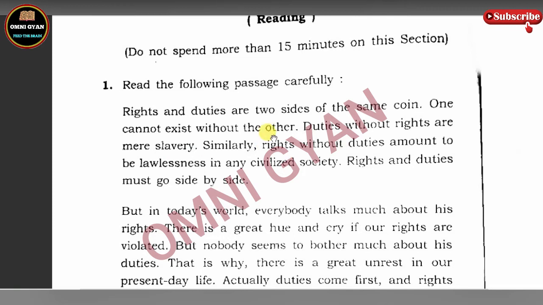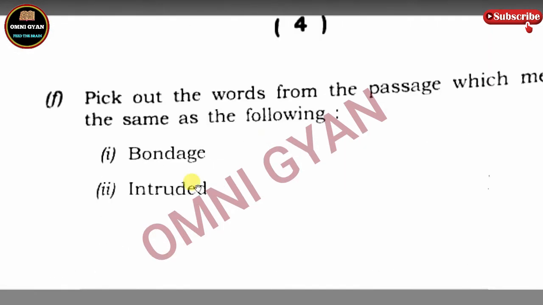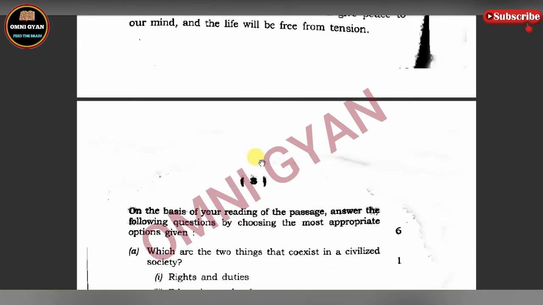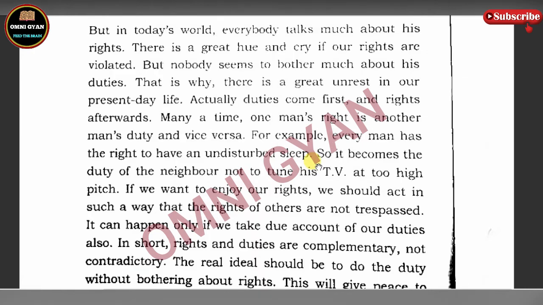Alright. And there's one more word, which is intruded. Intruded means to interfere, or to trespass. If you see the dictionary, you'll find trespass. There are many synonyms, but you have been asked to pick that word which is there in the passage and which means the same as intruded.